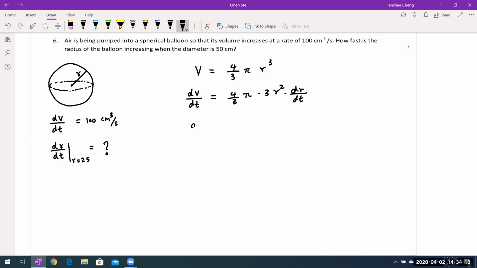So this will give me dV/dt is equal to 4 pi r squared times dr/dt. And you may evaluate this when the radius is equal to 25 by substituting it. That will give you your final result. And don't forget to interpret it.